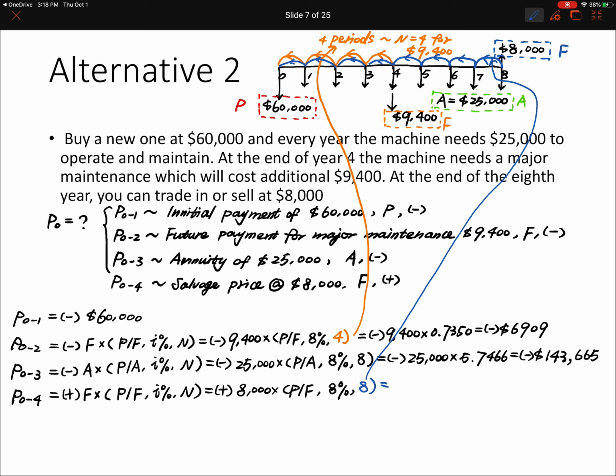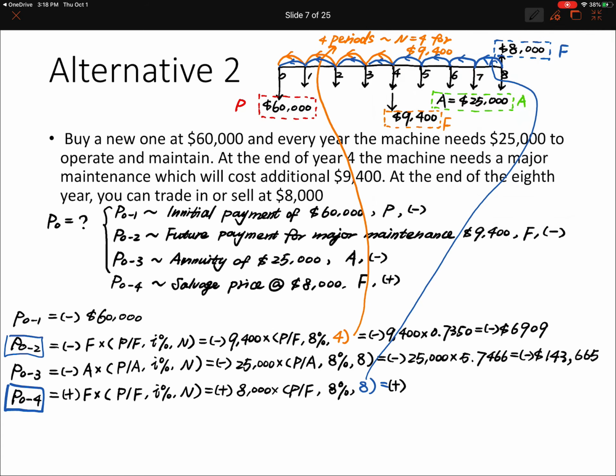Okay? So I want you to pause here and think about the part P02 and the P04, why their n is different. Okay? This is very important.